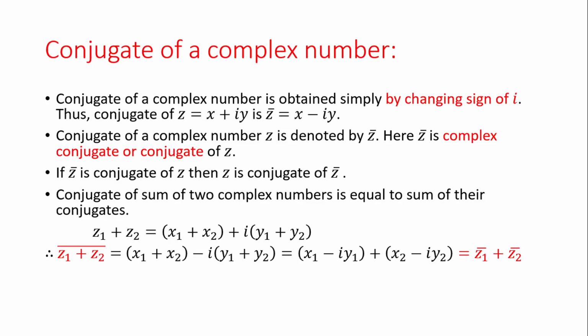So (z1 plus z2) whole bar is equal to z1 bar plus z2 bar. That is, the conjugate of the sum of two complex numbers is equal to the summation of their conjugates. And similarly, the same thing we can prove for subtraction, multiplication and division also.